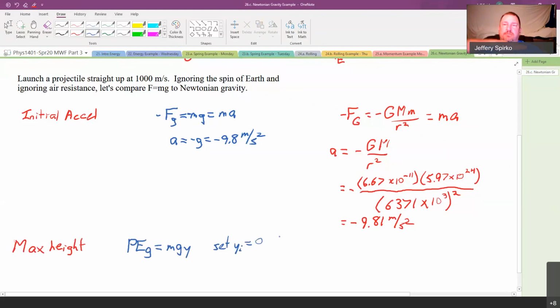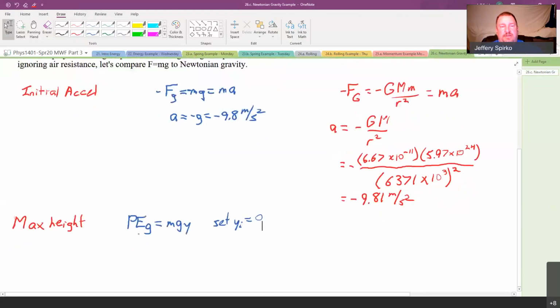We'll assume y equals 0 is the bottom. So then we get to do 1/2 mv squared equals mgh. It's nice and easy because our initial potential energy is 0 and our final kinetic energy is 0.